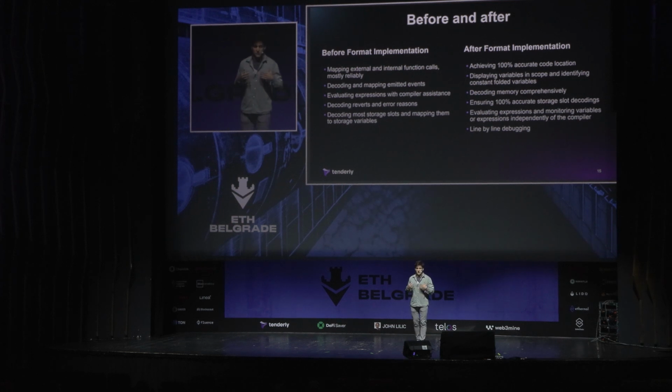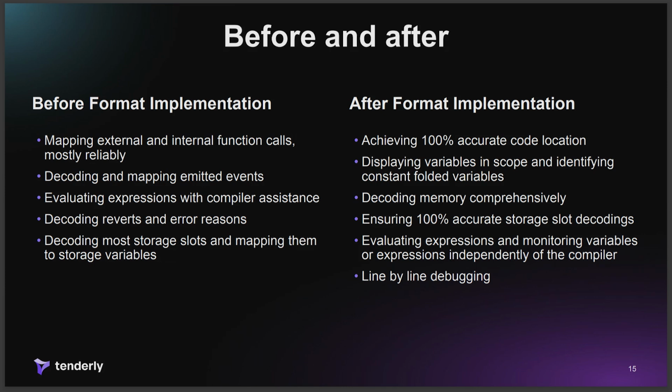We'll be able to display all the variables that are either on the stack, in memory, or anywhere else, and if there is a way, we would be able to decompose the constant-folded variables. On top of that, we'll be able to decode all of the memory of your smart contract, as well as showcase all the storage slots that have been transferred during the transaction.